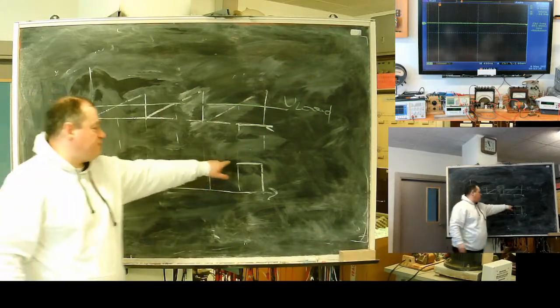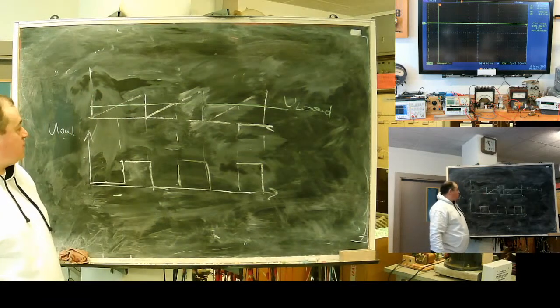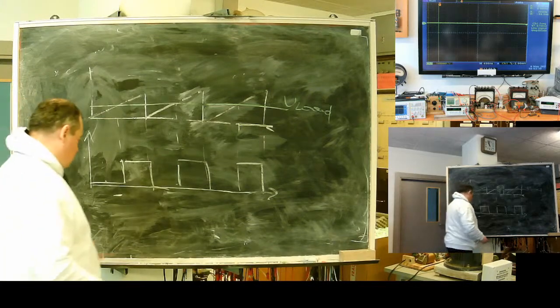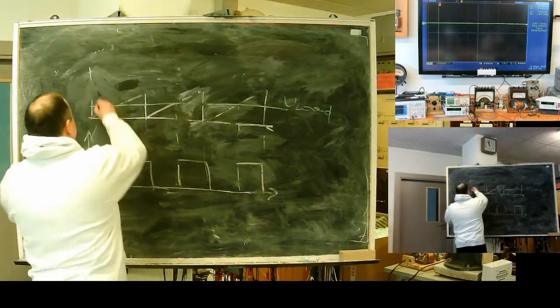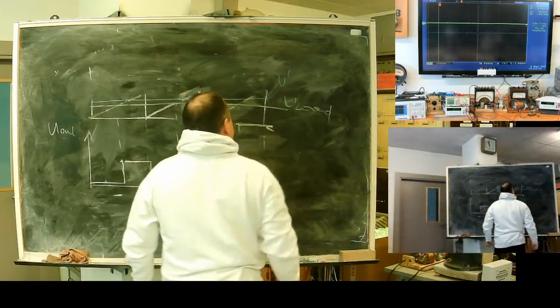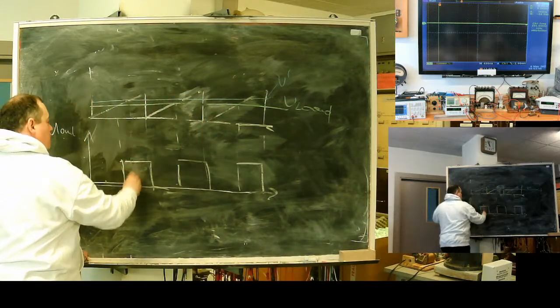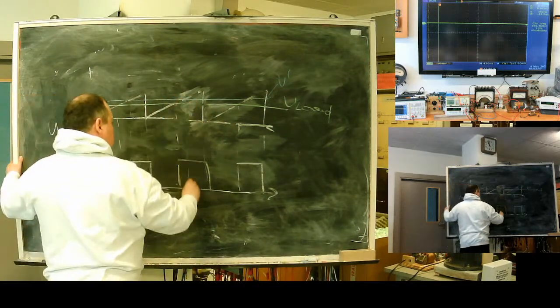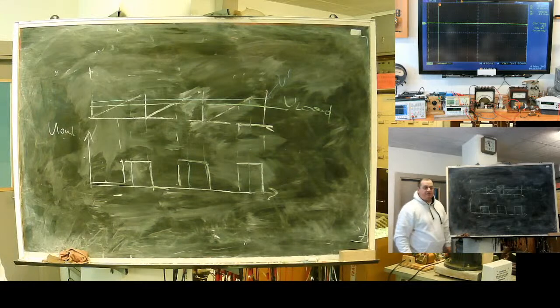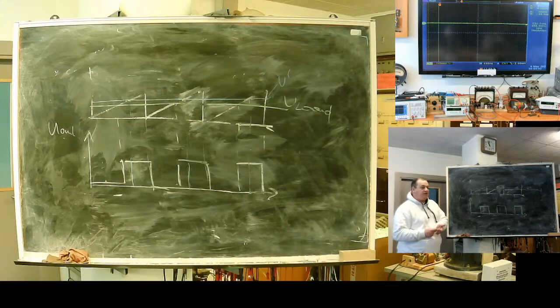Switch on, switch off, switch on, switch off. What will happen if, for example, the load decreases and the voltage rises? We will have shorter pulses, but with the same frequency. The coil receives less energy, and what will happen with the voltage? It will go down.